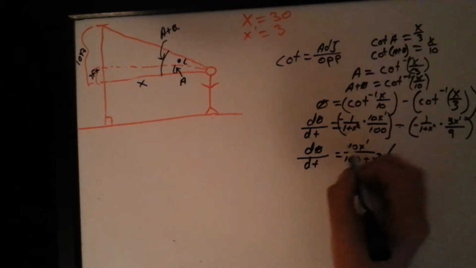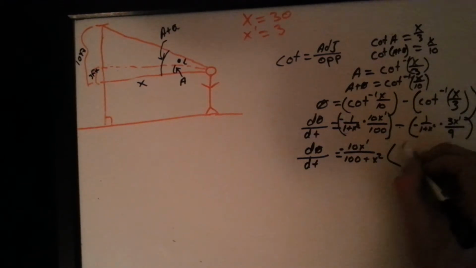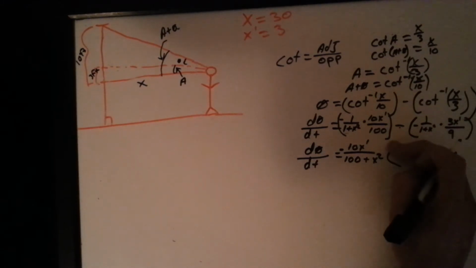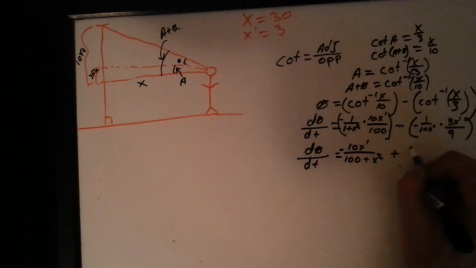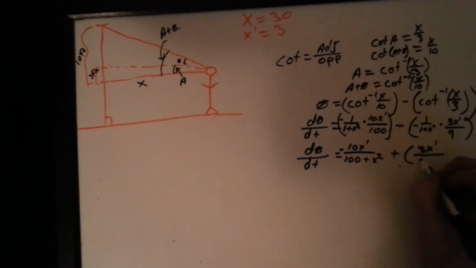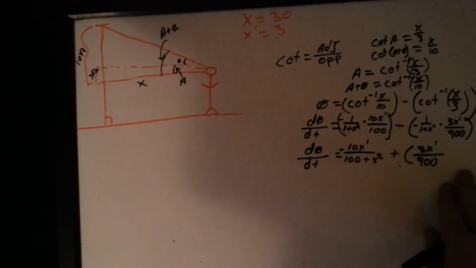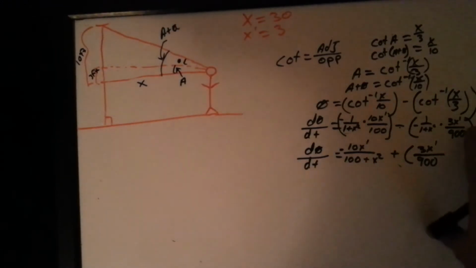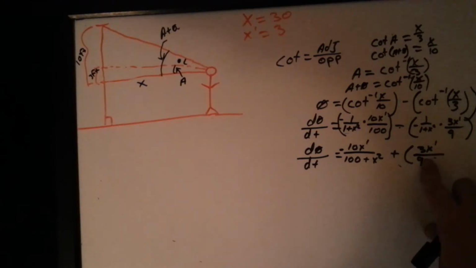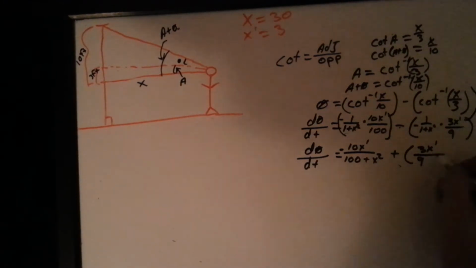Take away a negative, so we'll have plus the derivative, to simplify this down, is 3x prime over 9 plus x squared.